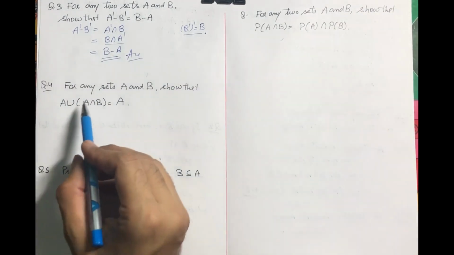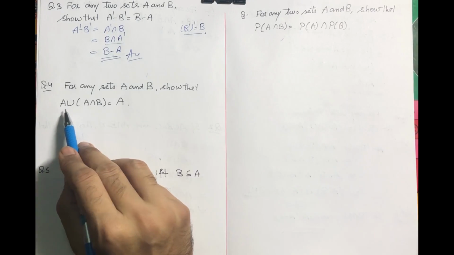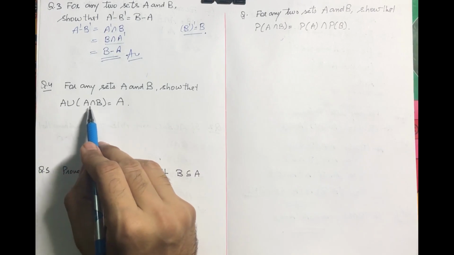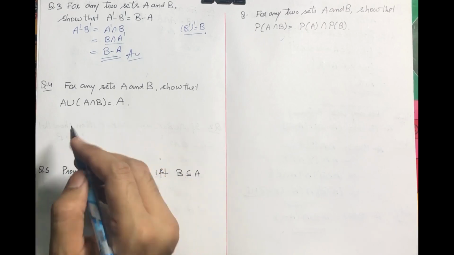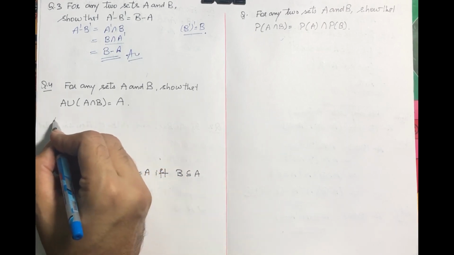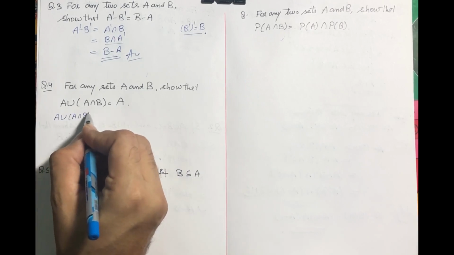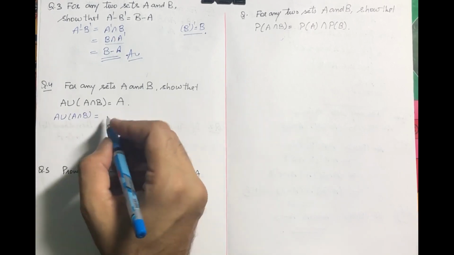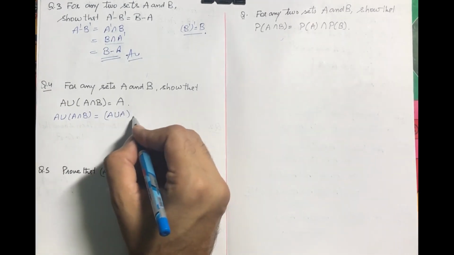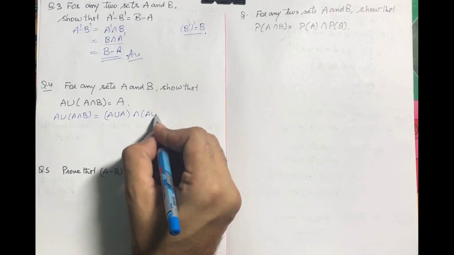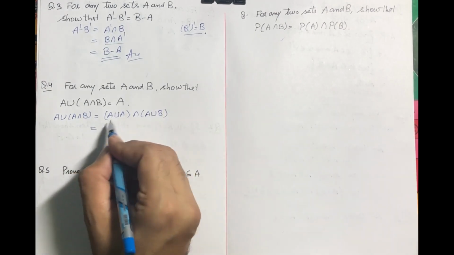So next numerical, for any sets A and B, show that A union A intersection B is A. So we start with again the left hand side, A union A intersection B. Now applying the distributive law, this is A union A intersection A union B. What is A union A?